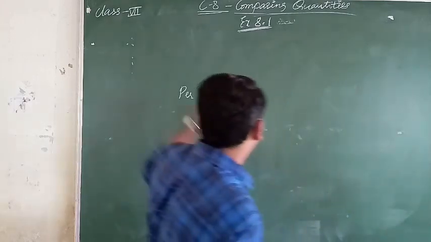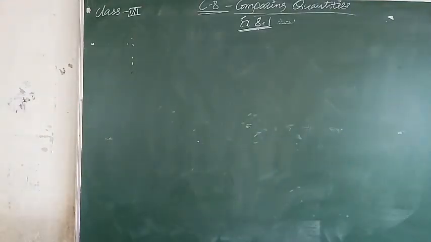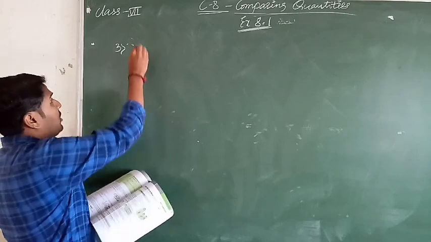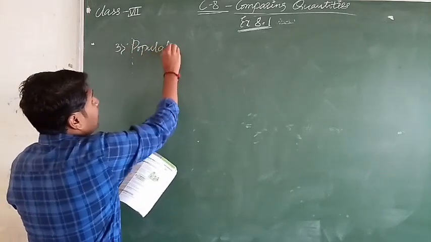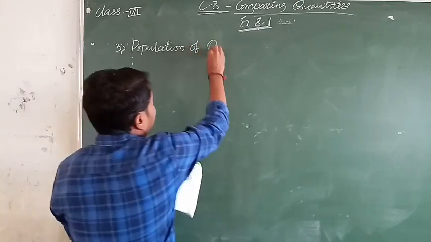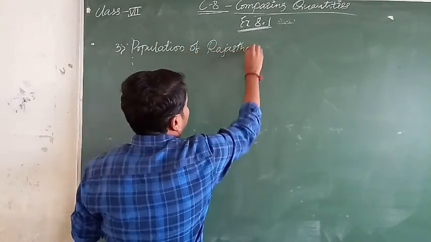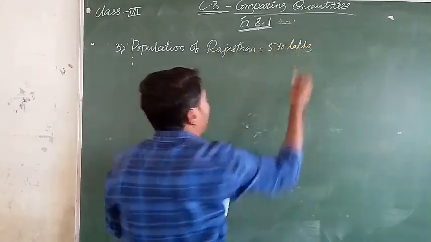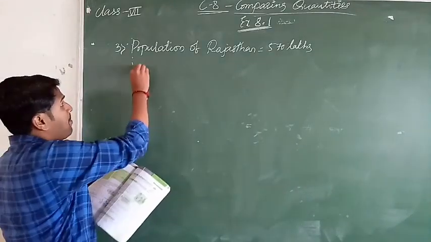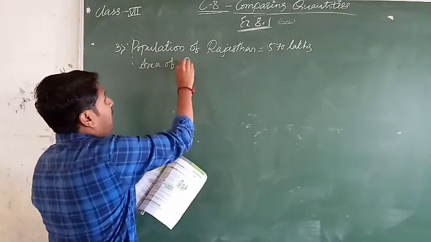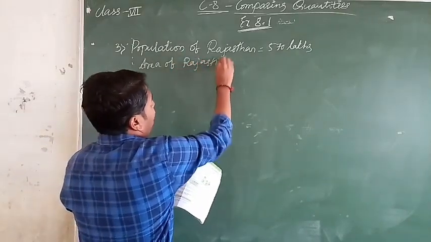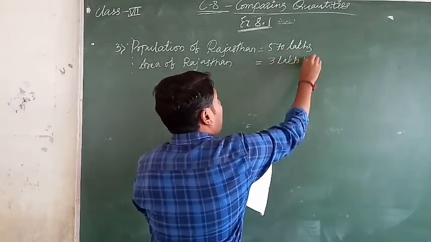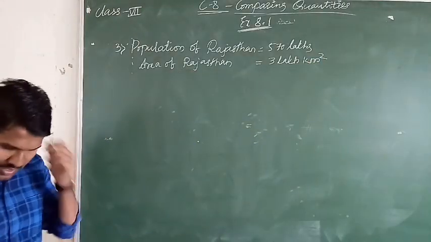So write down the data first. Population of Rajasthan equals 570 lakhs, and area of Rajasthan equals 3 lakh kilometer square. So first find out the per kilometer.